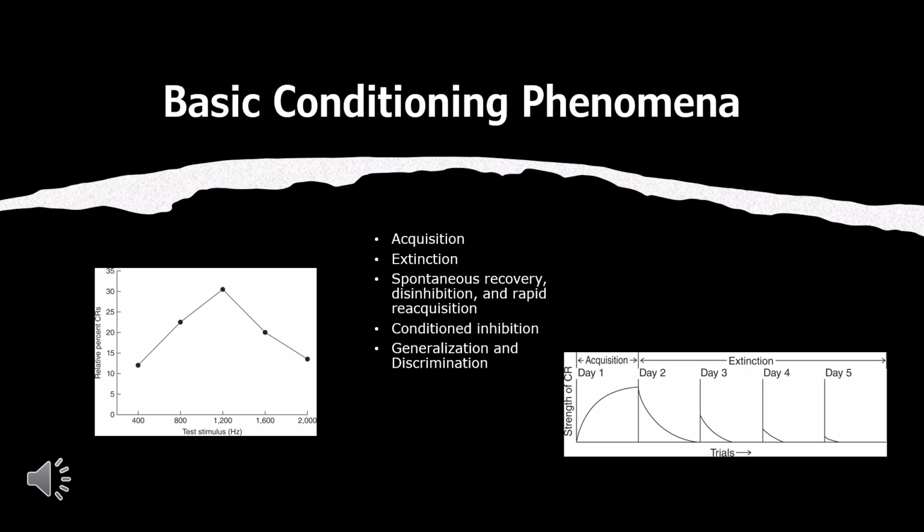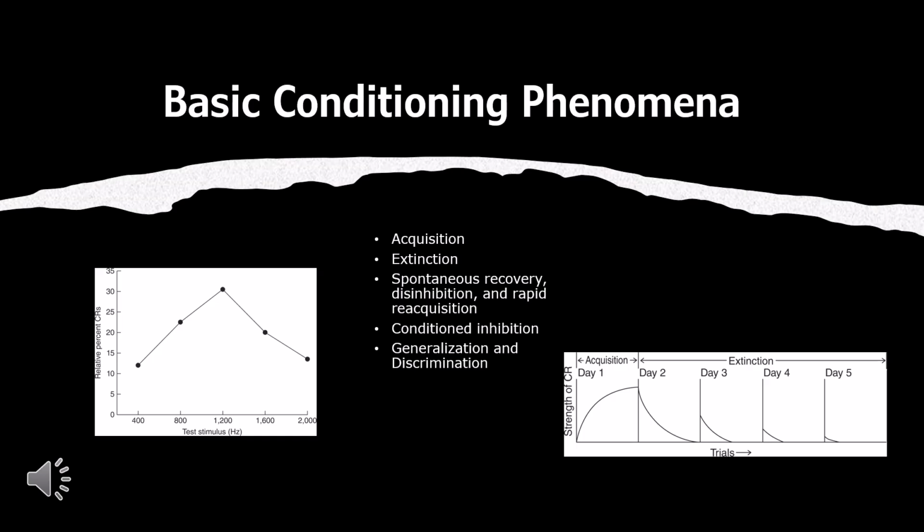So some basic conditioning phenomena, or terminology, we see here is acquisition. The conditioned response strength grows with effective conditioned and unconditioned stimulus pairing. When we see extinction, the conditioned stimulus alone, the conditioned response declines, right? So the unconditioned stimulus is then absent, and extinction is going to set in.